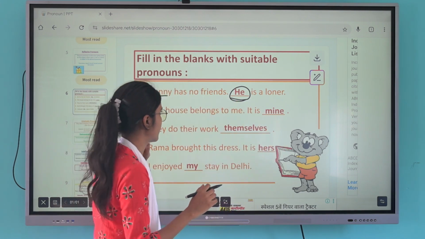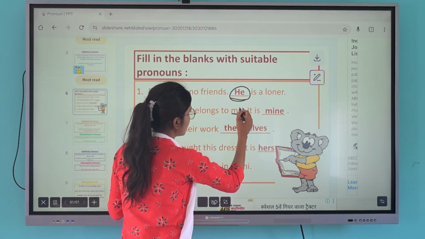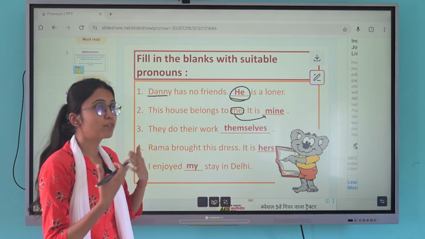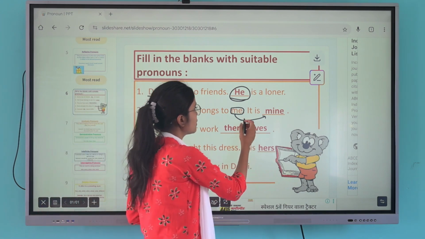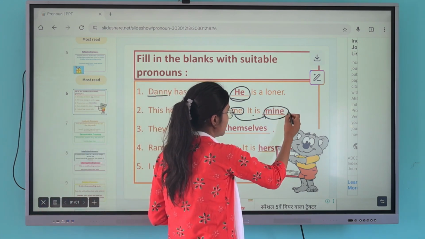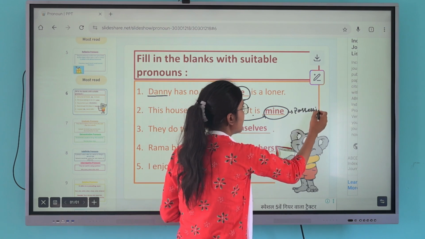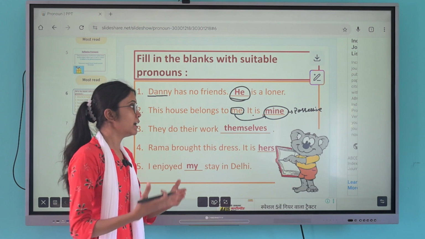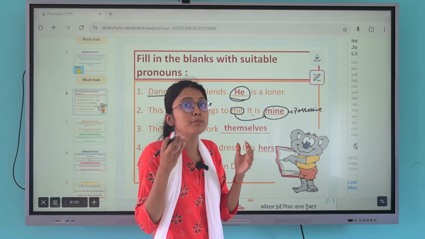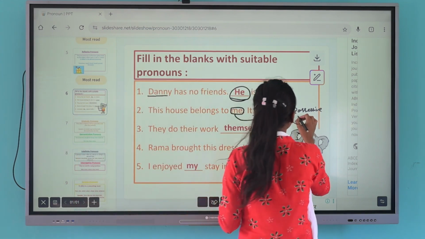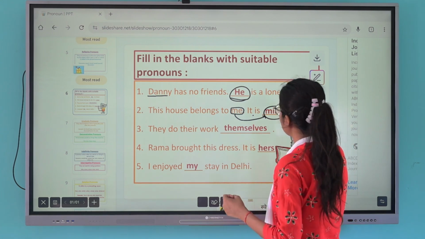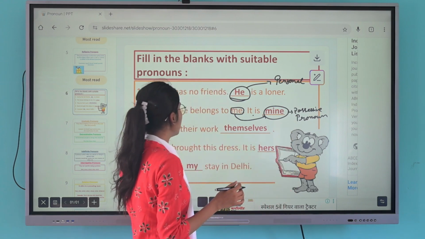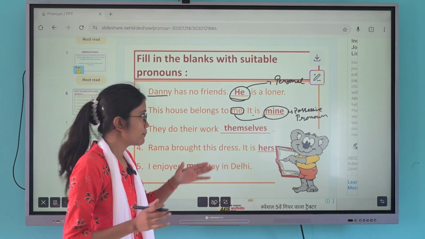It is mine. Me refers to I. This is possessive because it shows ownership. When we show ownership, that is included in possessive pronouns.